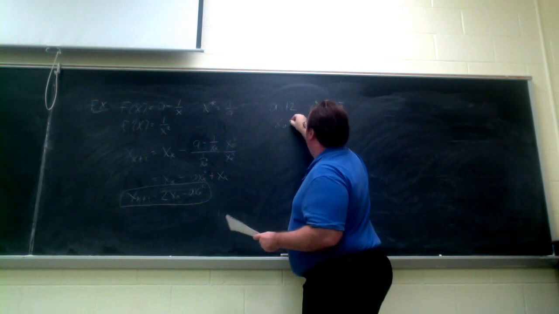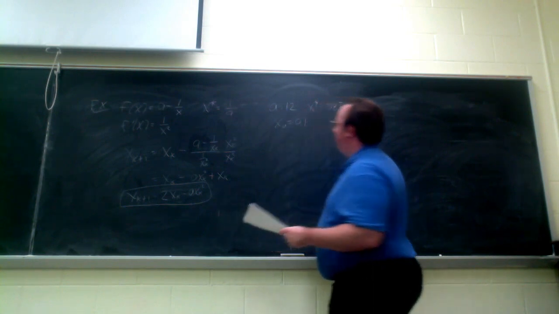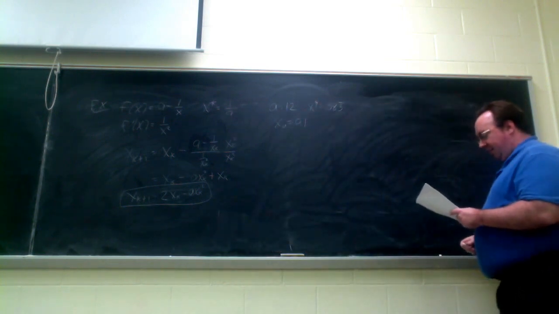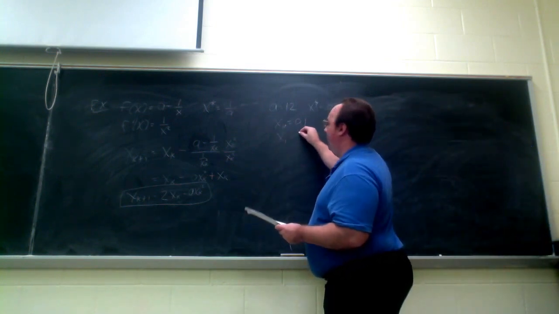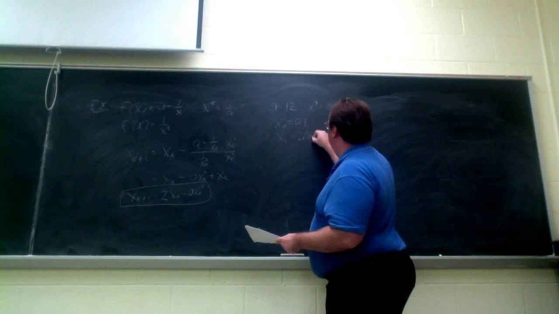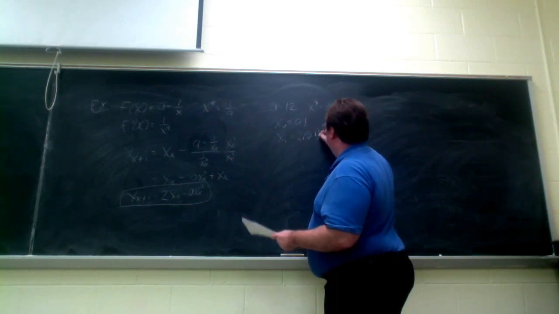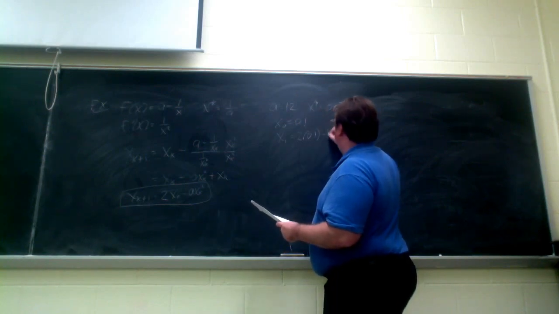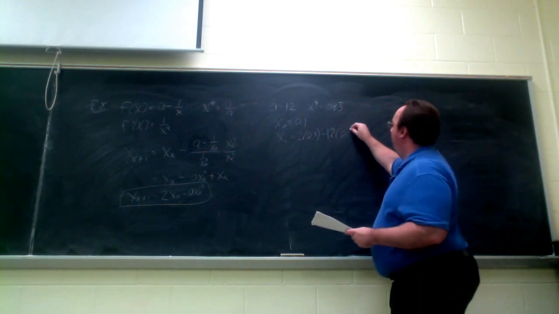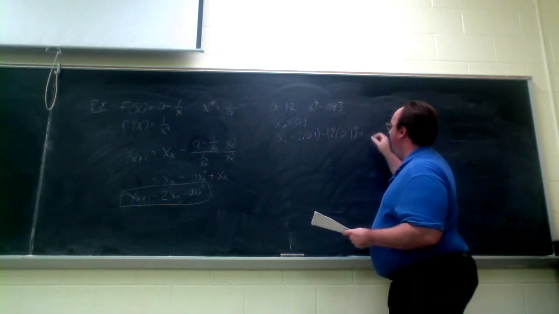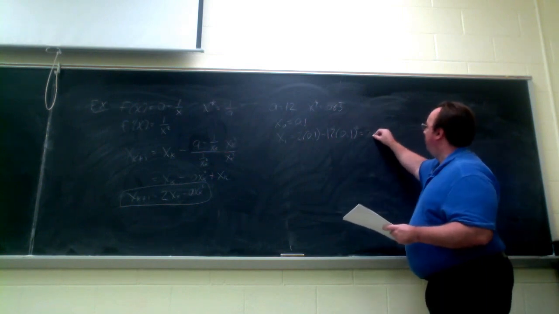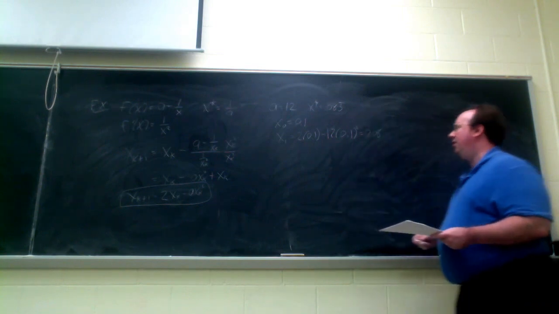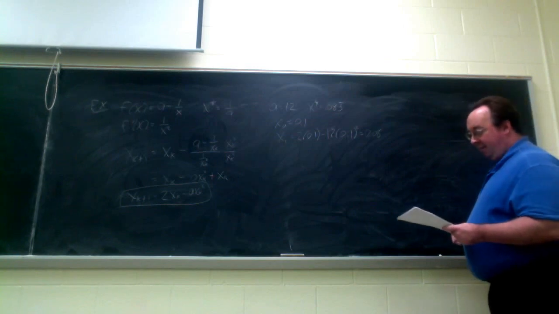So I'm going to choose an initial guess of 0.1, and let's see what happens. So I have x1 is twice that minus 12 times that initial guess squared, and you work it out in your calculator, and you get 0.08. Okay, so that's a good start. Already got 2 decimal places.